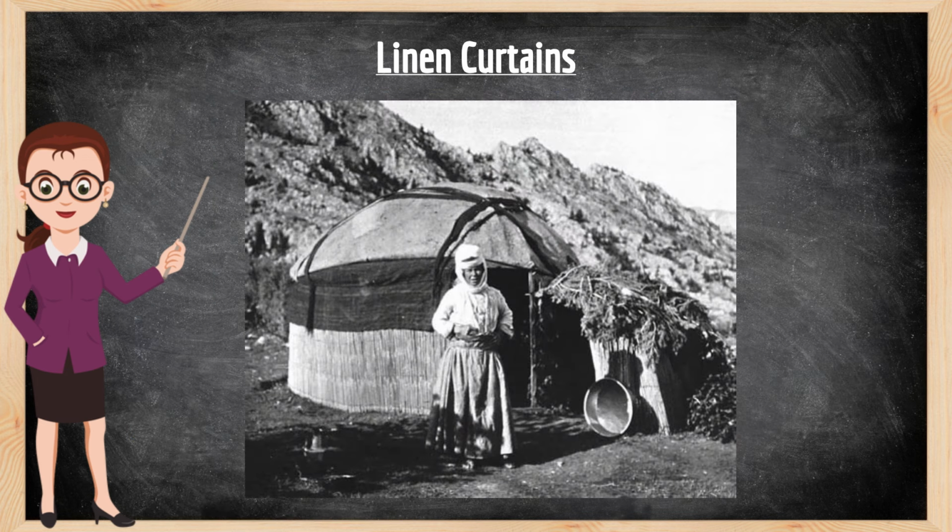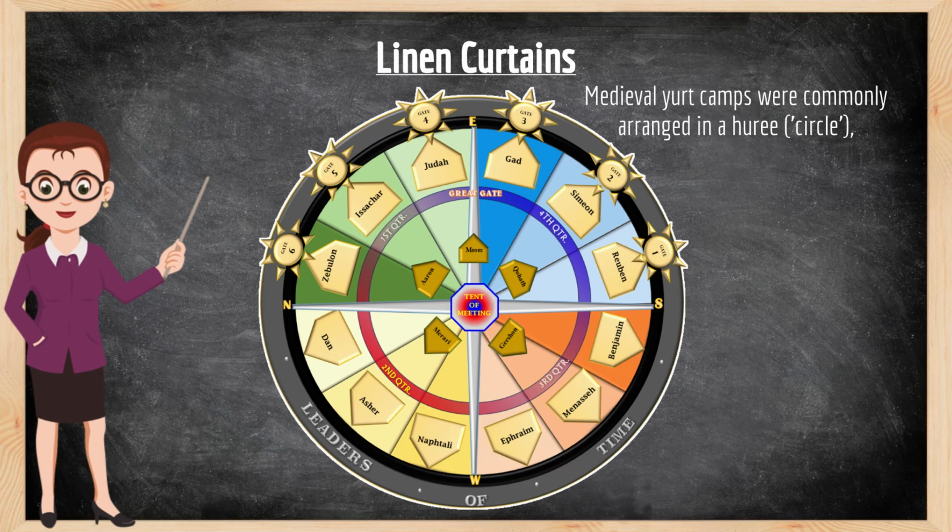The traditional dwelling of nomads, yurt communities are often herding cultures. Medieval yurt camps were commonly arranged in a hurry, which means a circle, with the leader's yurt in the center. So let's continue to see how the rest of the blueprints read.